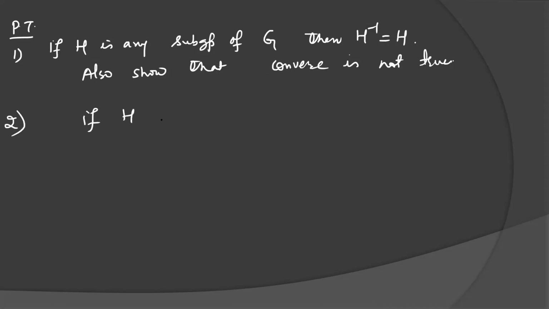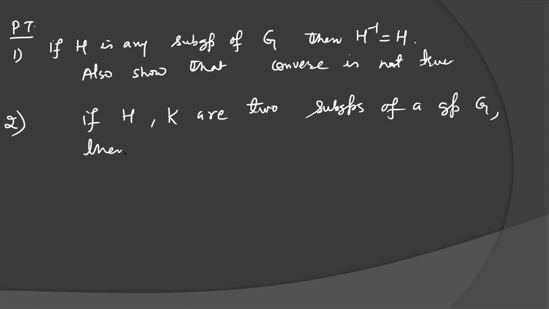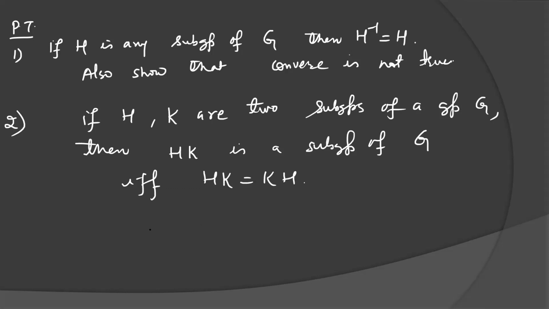Second proof I am giving you. If H, K are two subgroups of a group G, then HK is a subgroup of G if and only if HK is commutative, HK equal to KH. Also prove a corollary related to this one only.